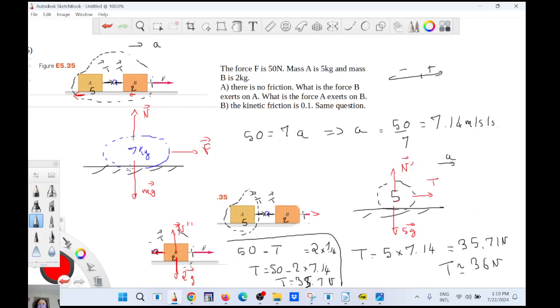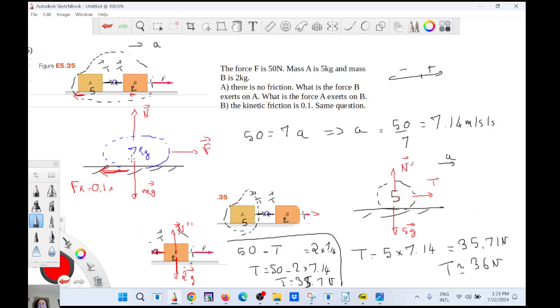The frictional force here will be 0.1 times the normal force, which equals the weight.